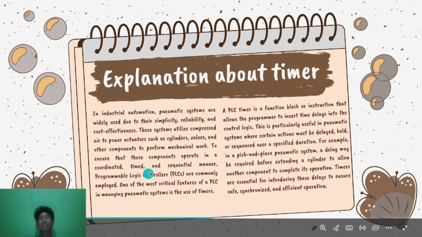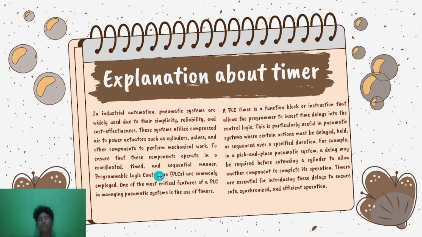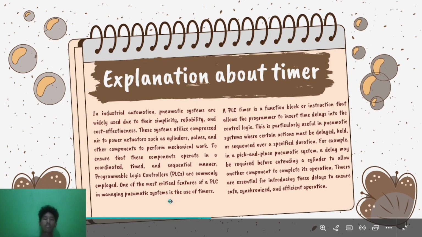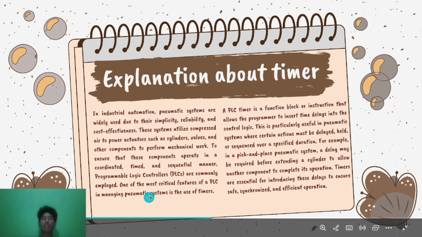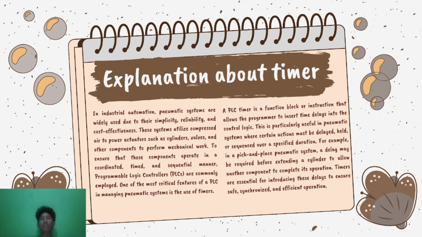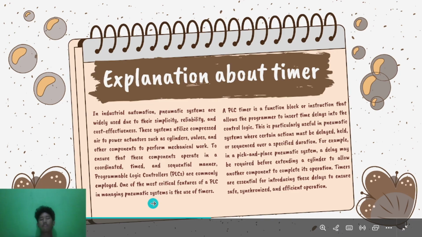To ensure that these components operate in a coordinated and sequential manner, programmable logic controllers, or PLCs, are commonly employed. One of the most critical features of a PLC in managing pneumatic systems is the use of timers.